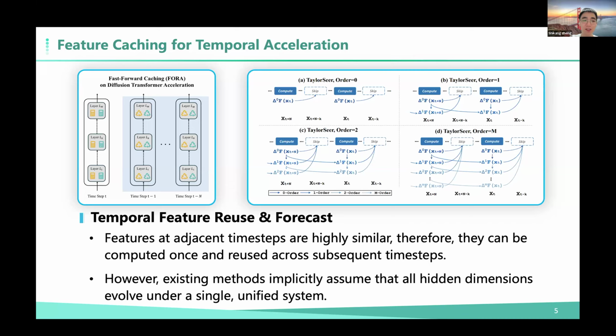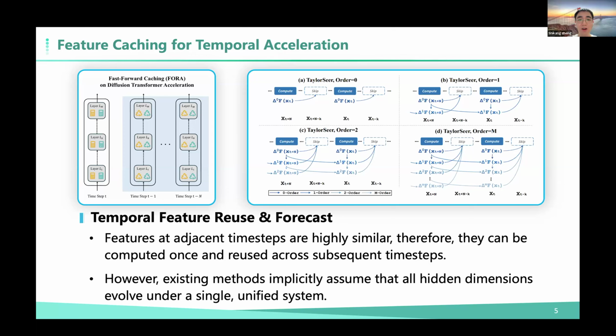We compute several steps, and after computing them, we cache all the DiT layers' outputs, and then we reuse them for the next n steps. For example, if you want to achieve a 3 times or 4 times acceleration, you can compute one step and then reuse it for 3 steps, or for 4 steps, and so on.